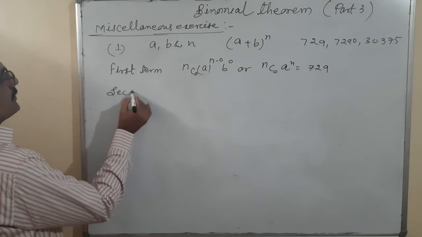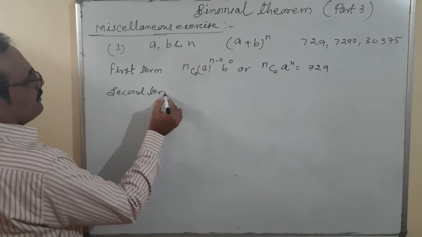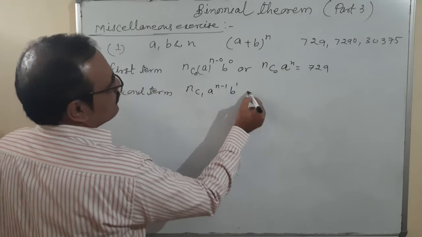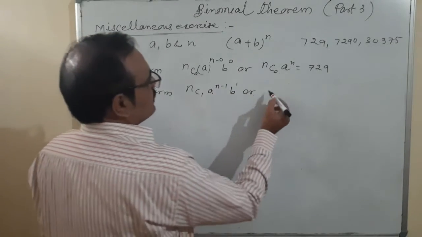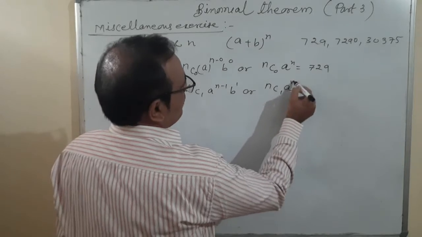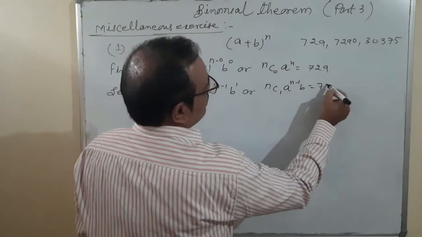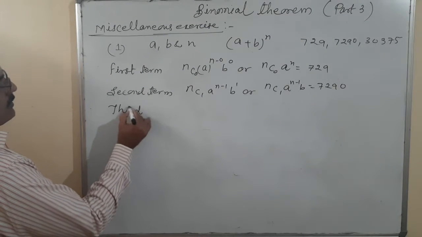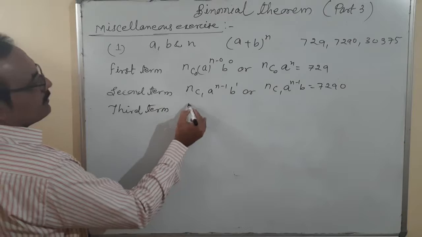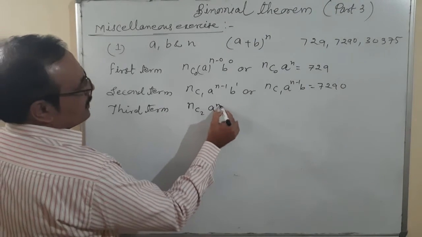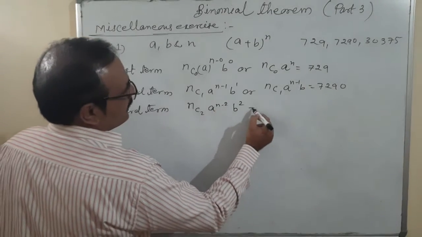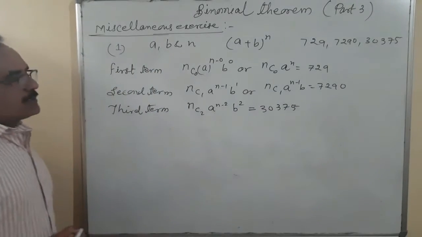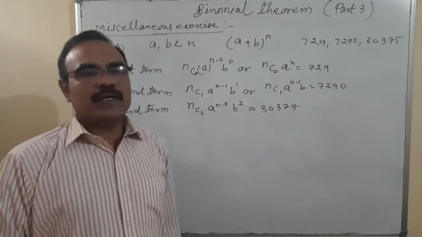Second term: nC1, a to the power n minus 1, b to the power 1, is equal to 7290. Third term: nC2, a to the power n minus 2, b to the power 2 is equal to 30375. These three terms are given and we are finding the value of a, b and n.